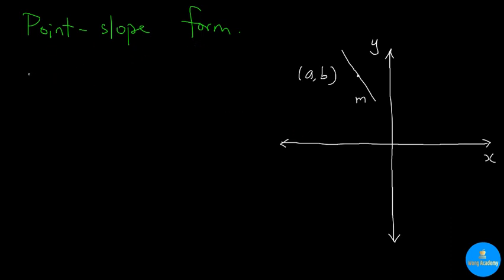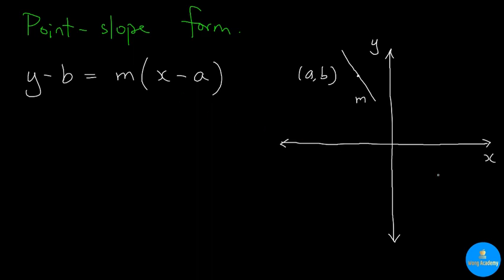It is given by y minus b equals m times x minus a. You may ask, where does it come from? It is so random and difficult to memorize. It is actually pretty intuitive.